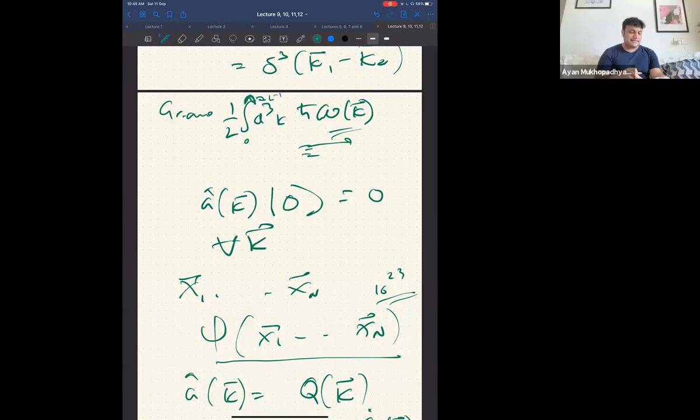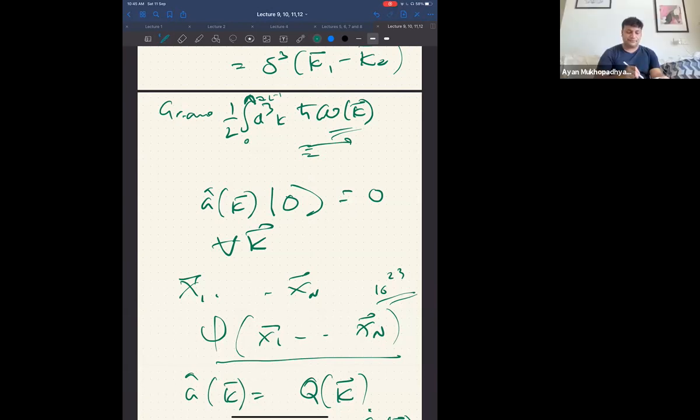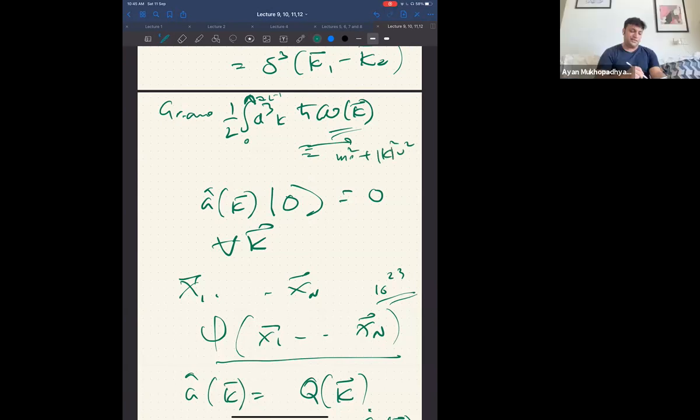So what you do is expand around small k. If I just keep the leading order terms like m squared plus k squared v squared, this is a divergent integral, because the integral of dq k, just the first term, m squared dq k, is divergent. Omega of k could be a very nice function, because at very large values of k you cannot use this.